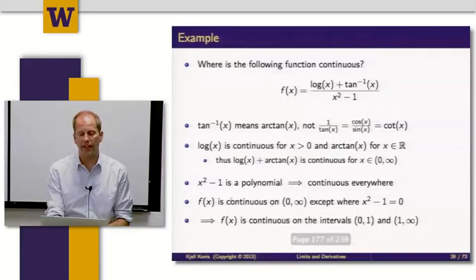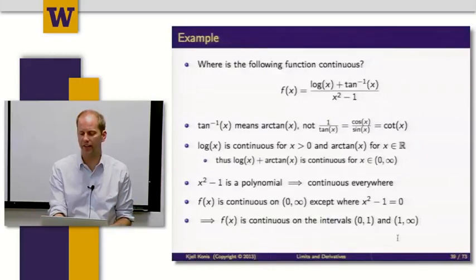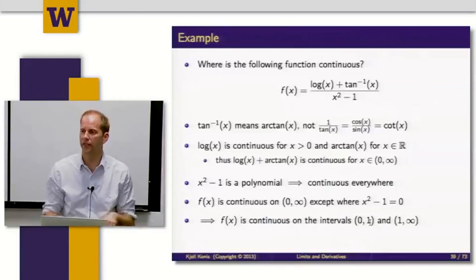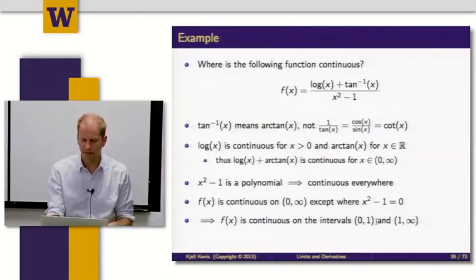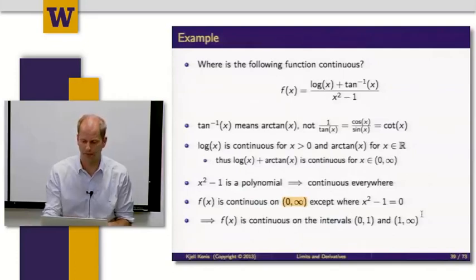And so that tells me that f of x is going to be continuous on the intervals (0, 1) and (1, infinity). By using the parentheses here, I mean every number that's greater than 0 and less than 1, but not 0 or 1 itself. If I want to include the endpoints in my interval, then I use square brackets. And so basically, it's continuous on this interval except when x is exactly equal to 1.